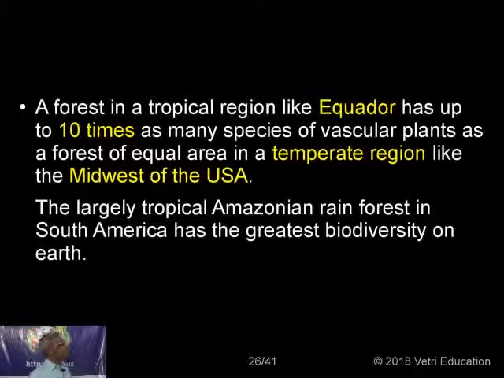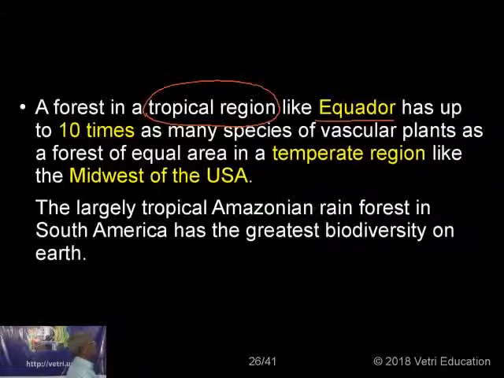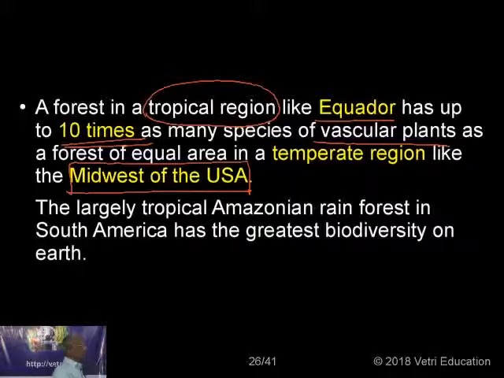See, for the tropical region, it is 10 times more than a temperate region, for the reasons we just explained to you.